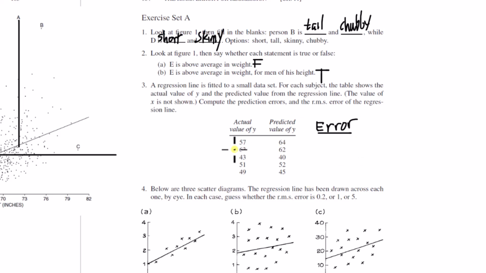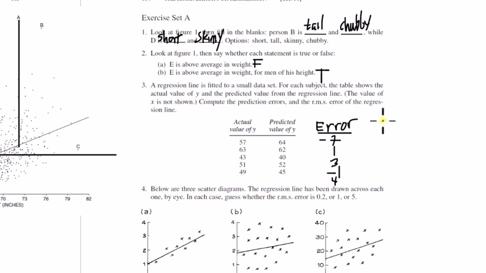So we start by getting the deviation of the actual values from the regression line. So let's see. The actual value is 7 units below the predicted value. This is 1 unit above. This is 3 units above. This is 1 unit below. This is 4 units above. So there's the error, the deviation from the averages.